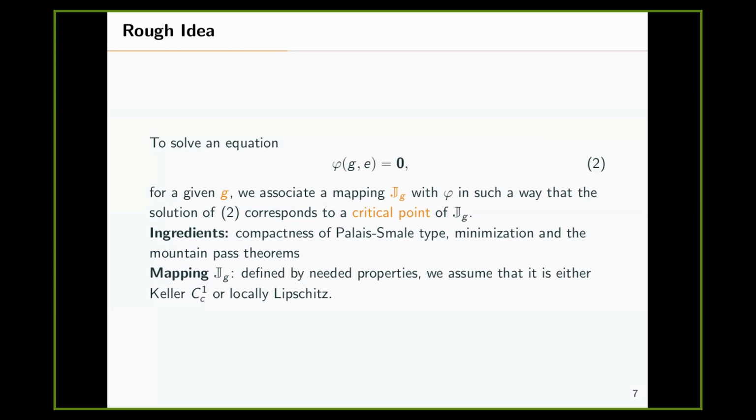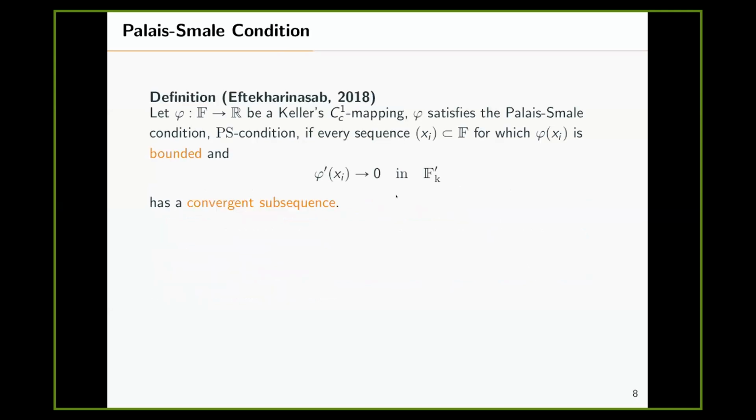So as you can see, the idea is really pretty simple: we transform everything into a problem of finding critical points. And so the most challenging part is to define this mapping. That's our challenging part. So in order to have a better understanding, I will explain all these ingredients briefly.